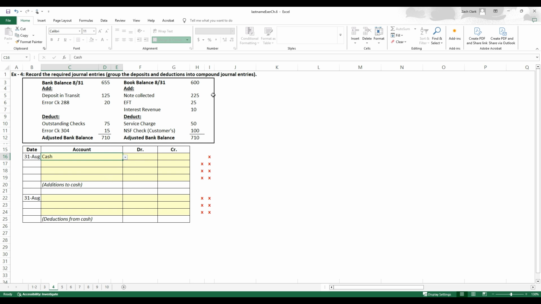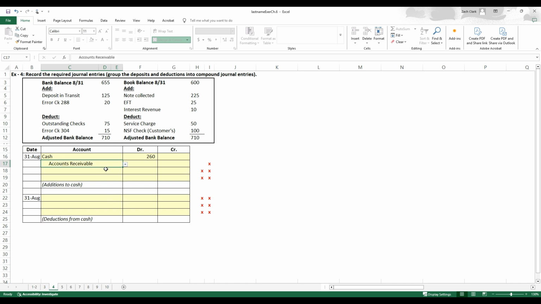So when you're doing journal entries from the bank reconciliation, remember that what we're talking about is cash. So there has to be cash in the journal entry, and those are all additions to cash is what we're saying up here essentially. And then we're going to do all of our credits here. So, cash is an asset, right? So debit's an increase.